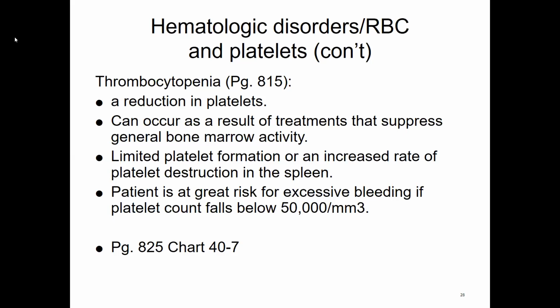Patients are at risk for excessive bleeding if their platelet count falls below 50,000. Also, on page 825, chart 40-7 lists the best practices for patients with thrombocytopenia. The main thing you need to know is that it's just a reduction of platelets for some reason, cancer or whatever reason.